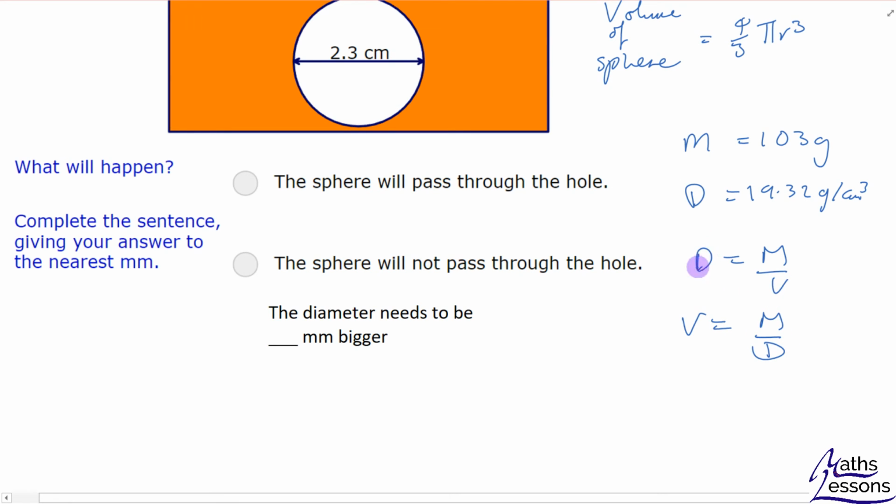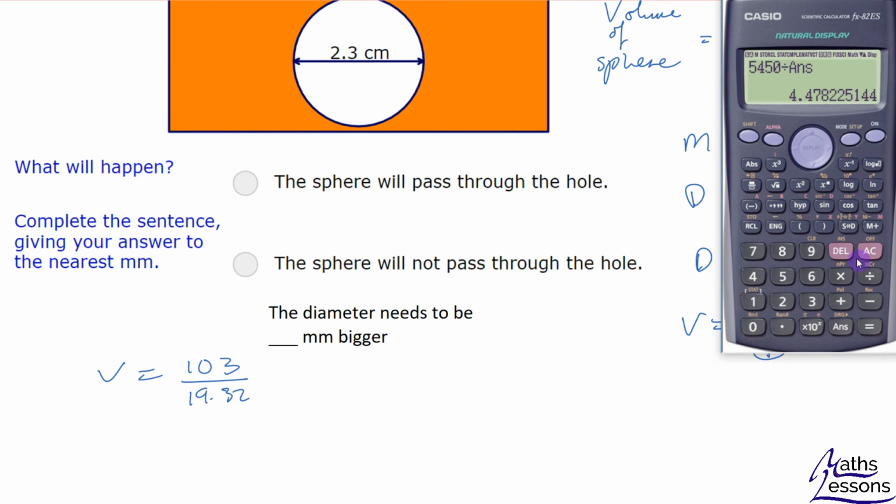If you times by volume, divide by density. So the volume will equal the mass, which is 103, divided by the density, which is 19.32. Now let's just check we're working in all the right units. We've got centimeters for the radius, grams for the mass, and grams per centimeter cubed for the density. So all our units are okay.